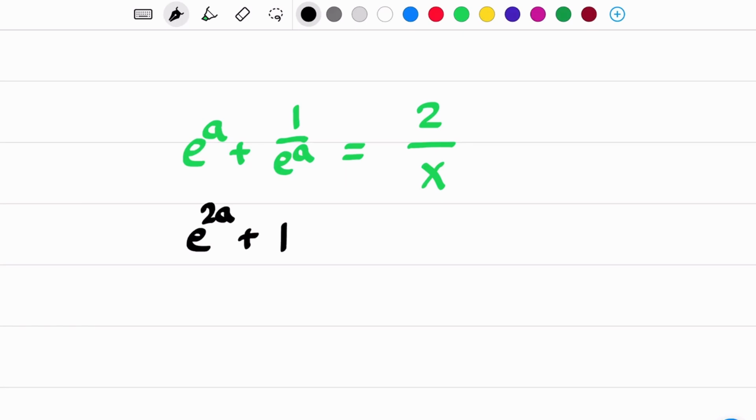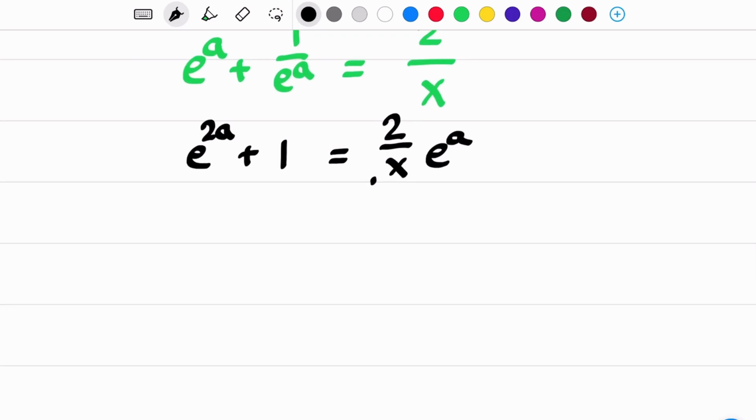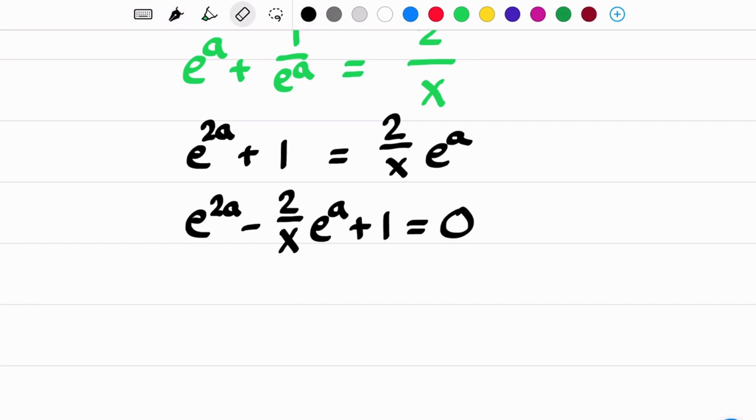Again, this just becomes 1. And this becomes 2 over x e to the A. And I'm going to subtract this term to the other side. So I'm going to be left with e to the 2A minus 2 over x e to the A plus 1 is equal to 0.